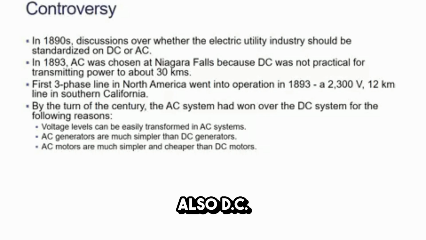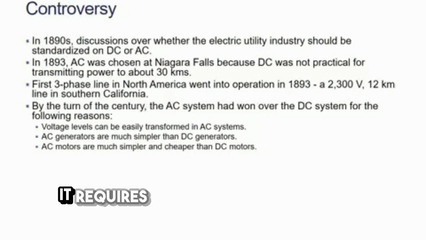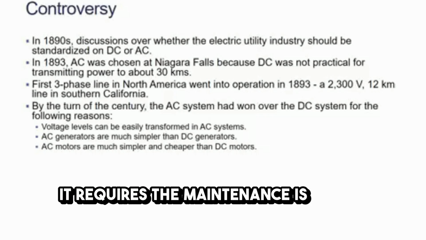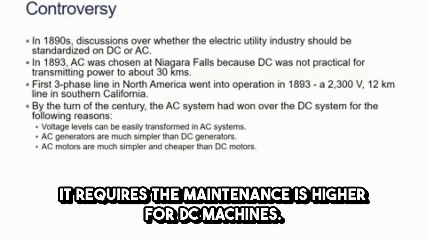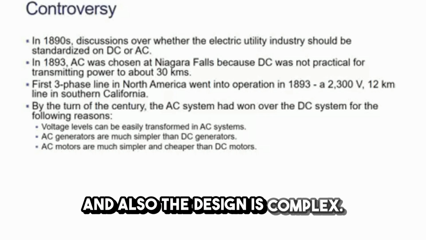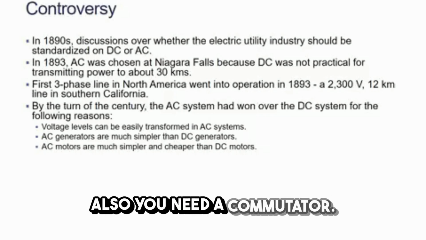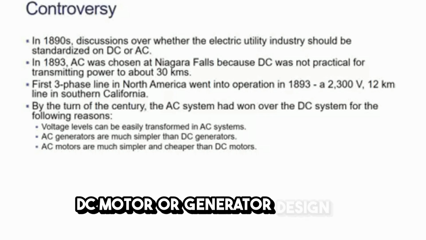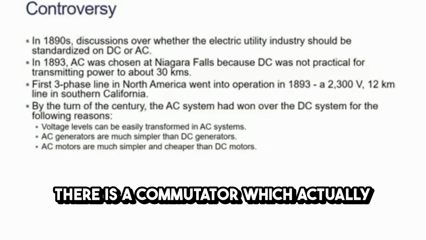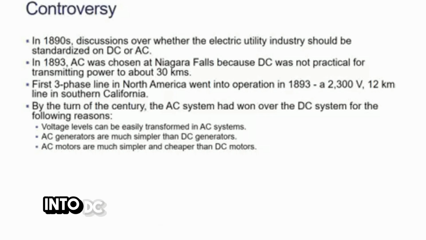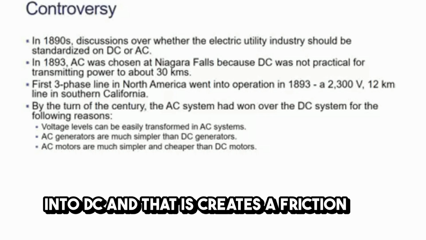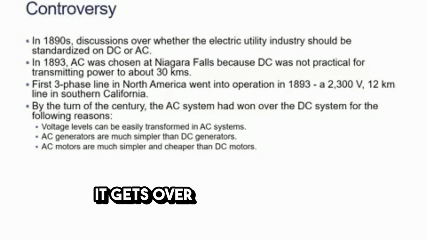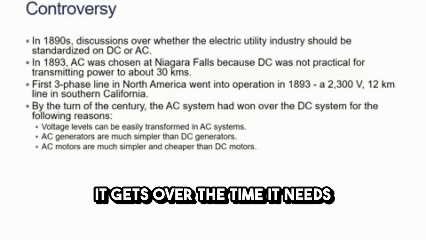Also, the maintenance is higher for DC machines, and the design is complex. Also, you need a commutator. I'm sure if you have seen the DC motor or generator design, there is a commutator which actually converts the AC into DC, and that creates friction, and over time it needs replacement.